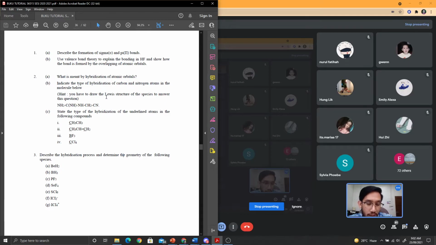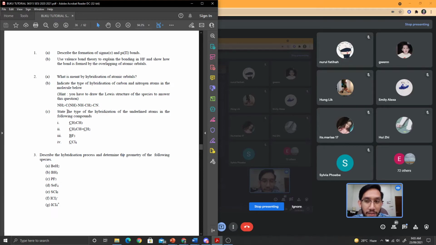So, this says indicate. It is not describe. For describe, you have to write at length like just now. For indicate, you only need to state what type of hybridization it is. So, what I suggest you do, for example, this one: NH2, CNH, and then NH, and then CH2, and then CN.